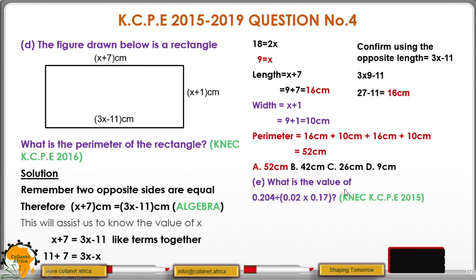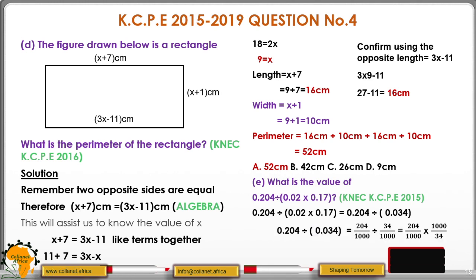What is the value of this? In this case, you start with the bracket, and then you get into the answers. What is the value of this? So in this case, you get that one. When you do the multiplication, you'll get 0.034. Then you can change this one into a fraction.